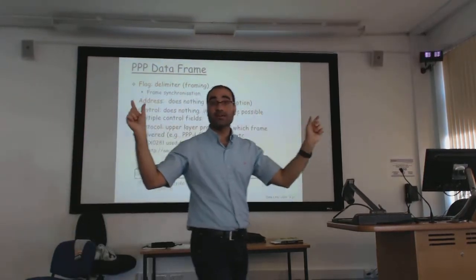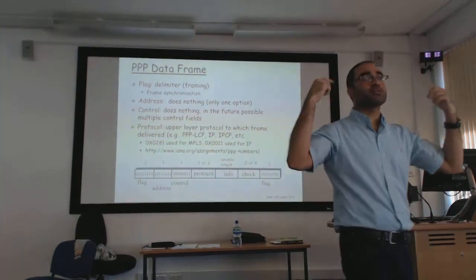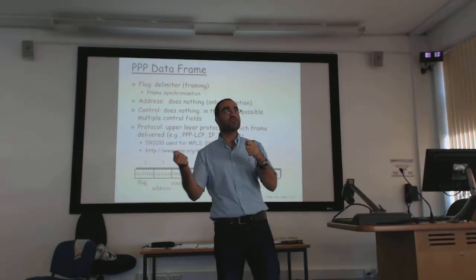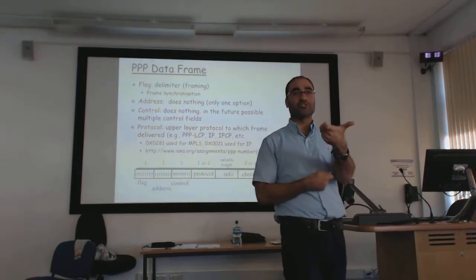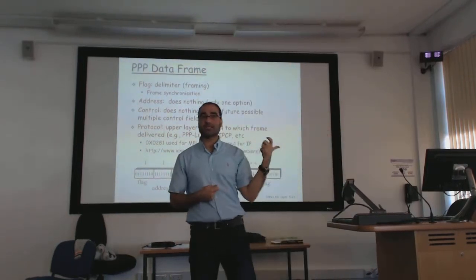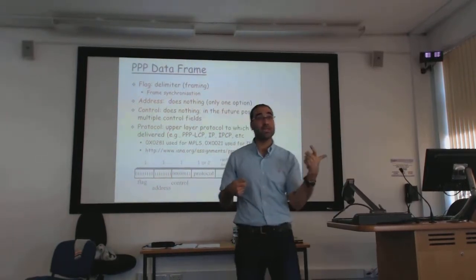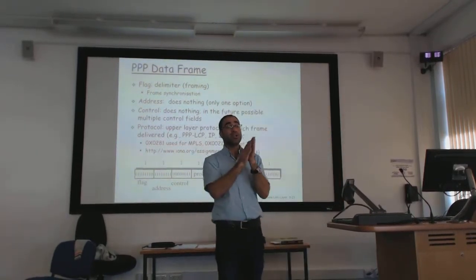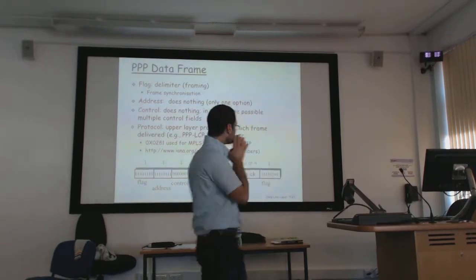Flags: why do I need a flag? It's an indicator that enables the receiver to know you're dealing with a specific protocol. If you have that pattern of bits, that's the beginning. If it comes at the end, that's the end. How I distinguish it from data, I'll explain in the next slide.